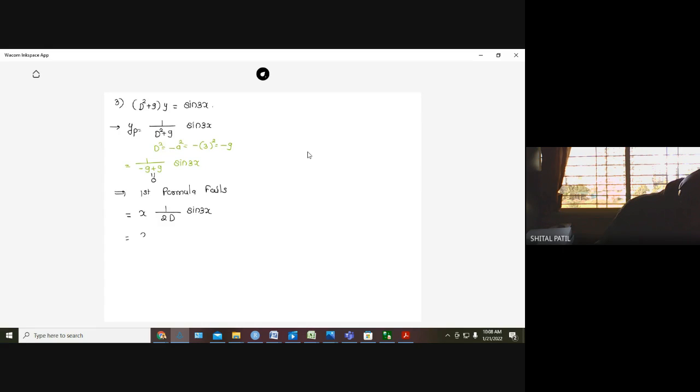And what is 1 upon d? D is the derivative. What is 1 upon d? Integration.